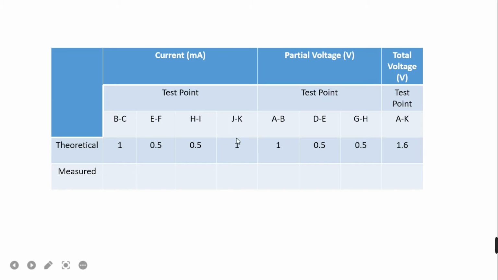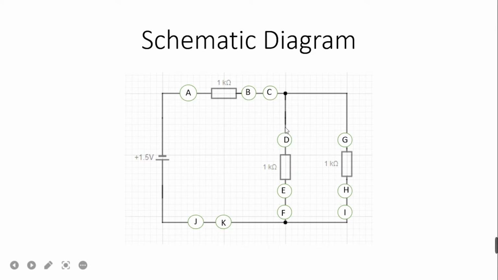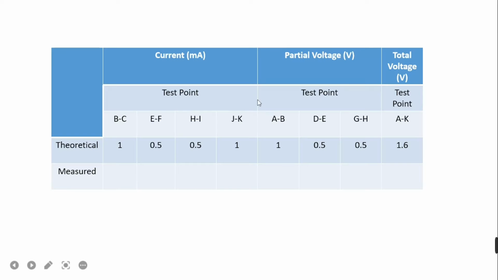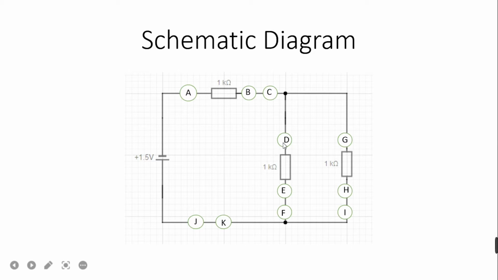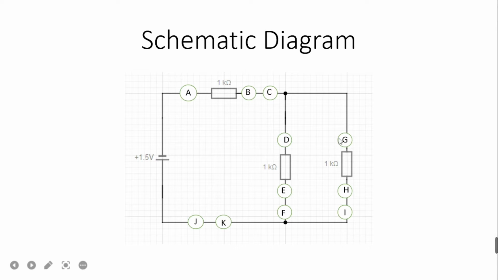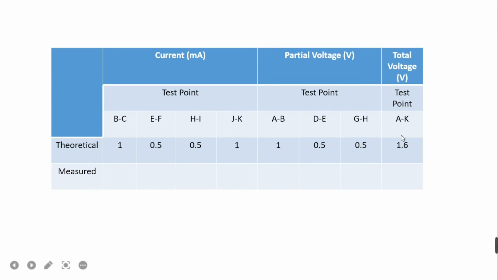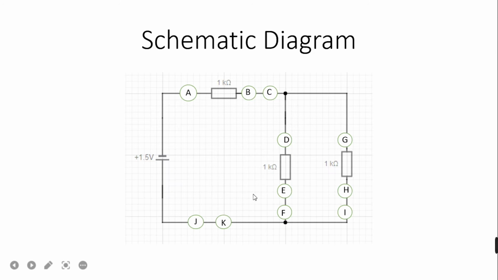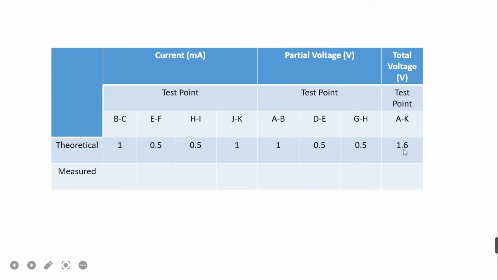For the partial voltage, at test point AB, the voltage is calculated in parallel. At point DE it is 0.5 volt, at point GH it is 0.5 volt, and total voltage AK, I'm sorry, this is 1.5.